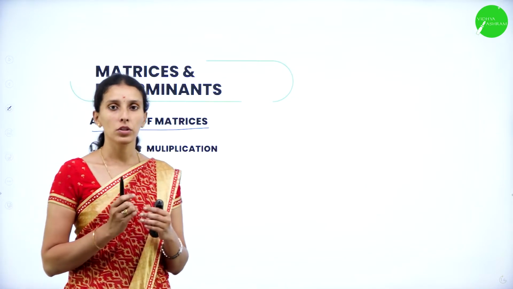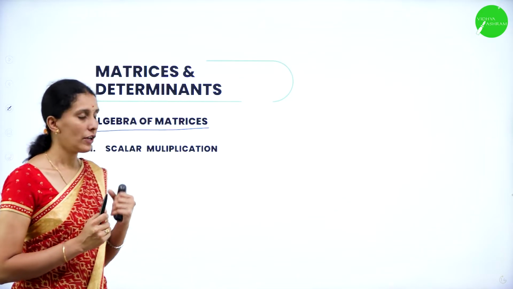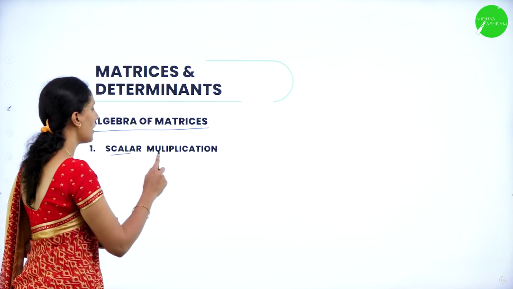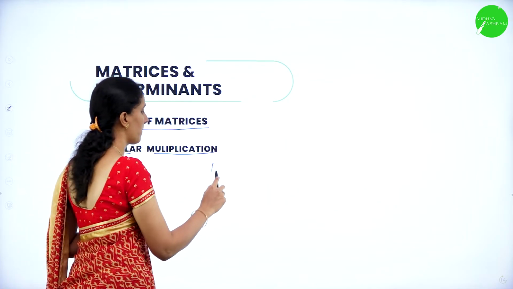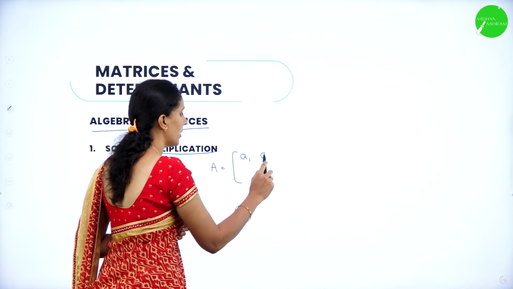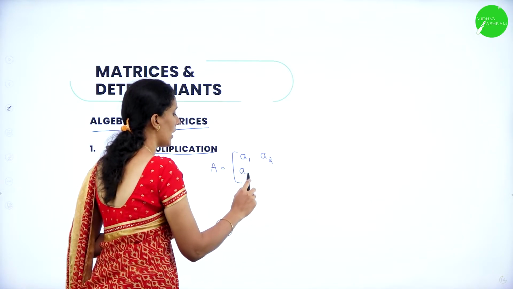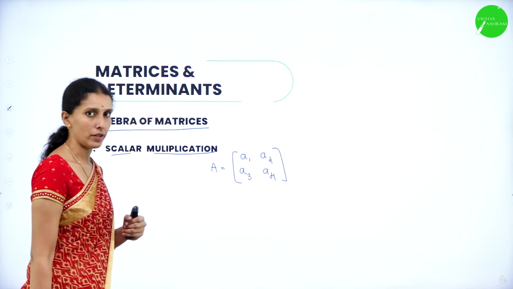That is, what are the operations on matrices we can have. The first one is scalar multiplication. Suppose you have a matrix A. Let me write the elements in the form of a1, a2, a3, a4. These are the elements of a matrix.